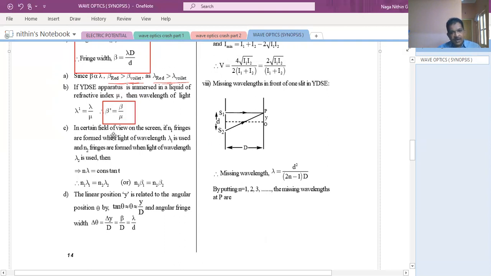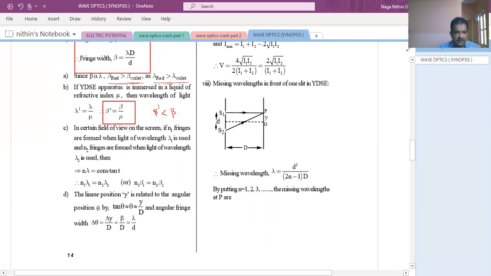Mu value will always be greater than 1, so beta dash will be less than beta. So when Young's double slit experiment is completely immersed in water, or in a liquid of refractive index mu, the fringe width decreases. The new fringe width will be equal to beta by mu.